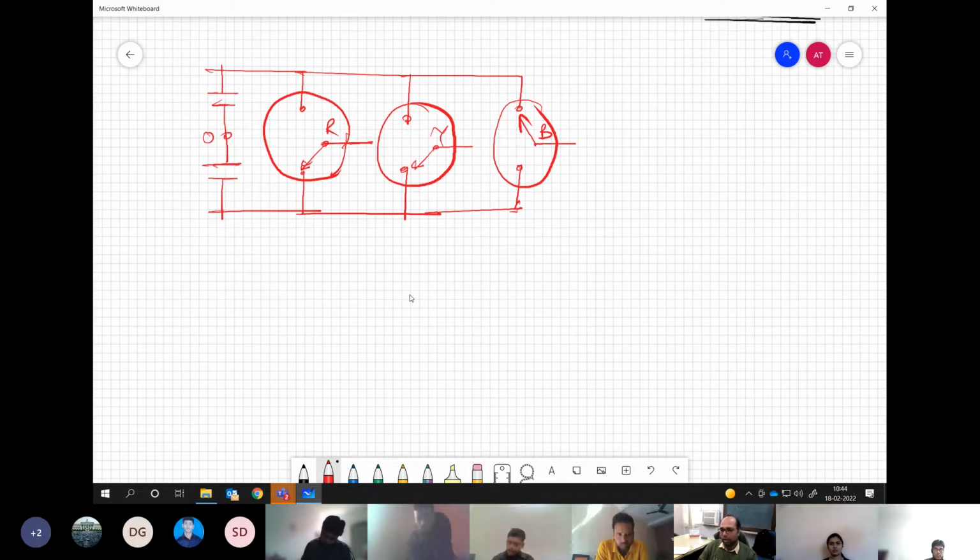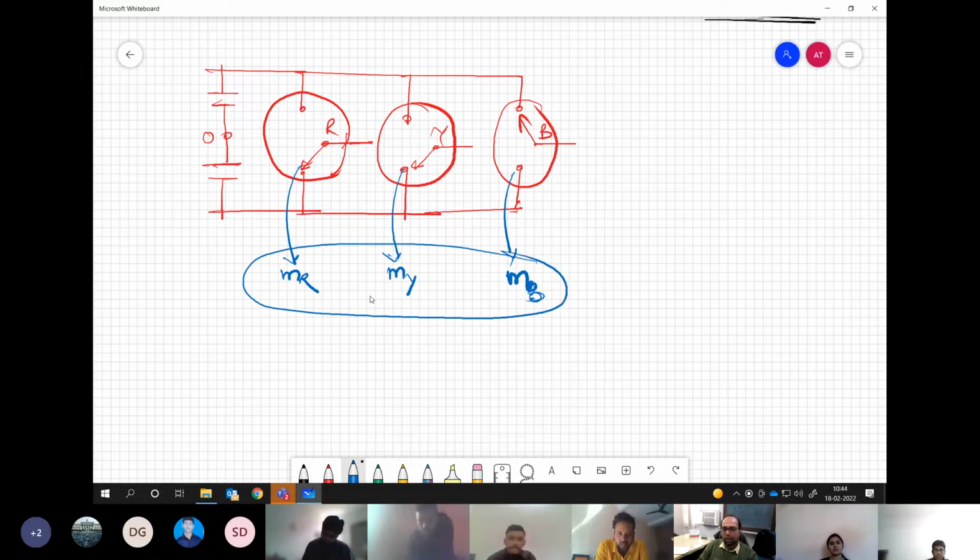One modulating signal cannot do that job. So we will have, say, MR for the R phase, MY for the Y phase, and MB for the B phase. Now, when we are trying to have balanced three-phase output from this converter, we must have a balanced three-phase relation between these modulating signals, because ultimately VRO, VYO, VBO are proportional to the modulating signals.